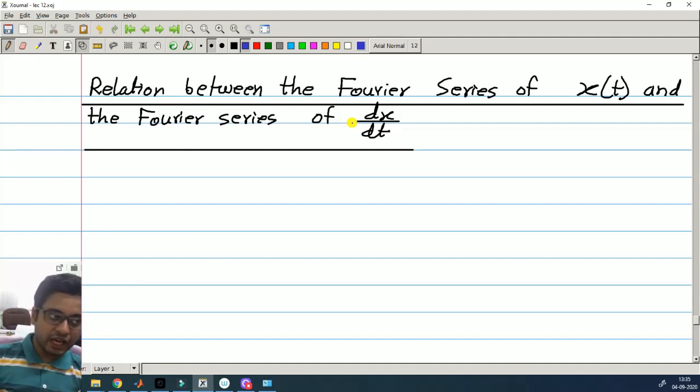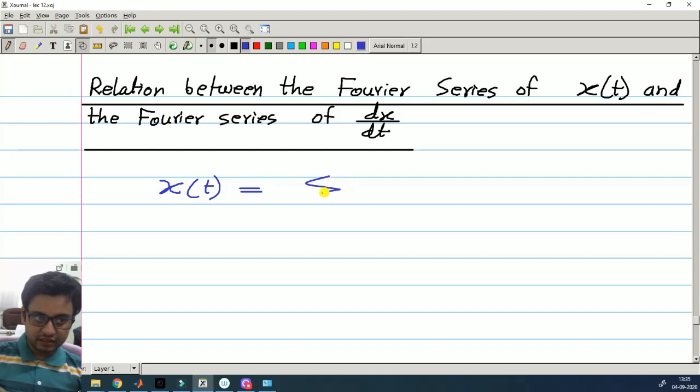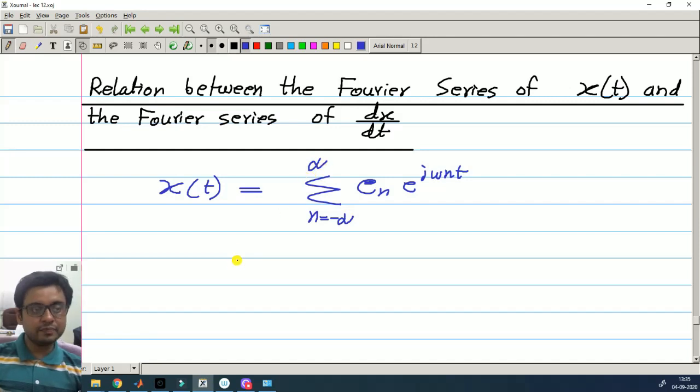Next, we shall see a relation between the Fourier series of a signal and the Fourier series of its derivative. Suppose the Fourier series of a periodic signal xt is like this: Cn e to the power j omega n t, n from minus infinity to infinity.